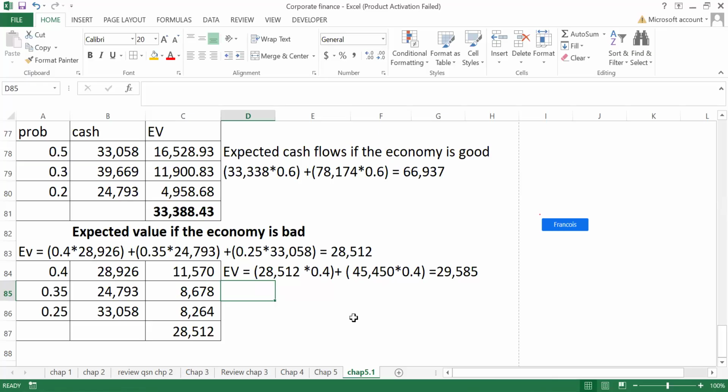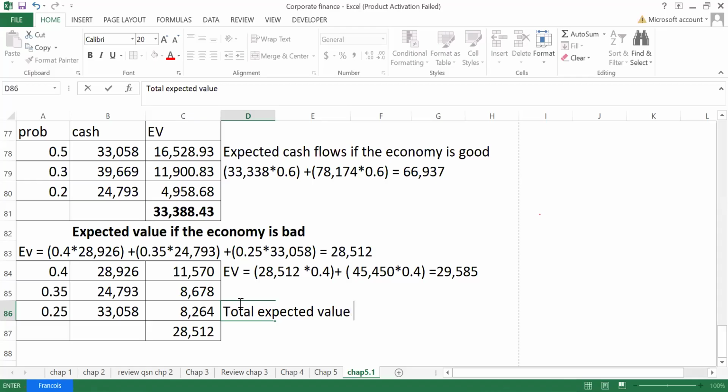Our total expected value will be what we got when the economy is good, 36,937, plus the value when the economy is bad, which is 29,585. What you get is the total expected value.